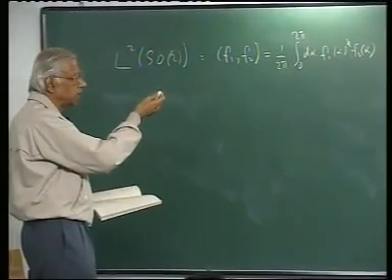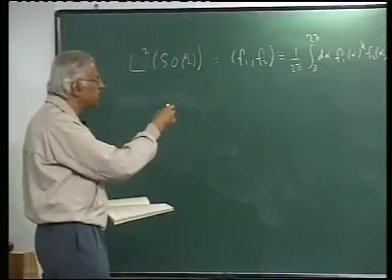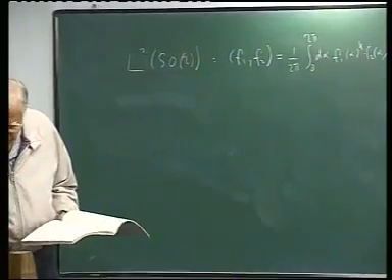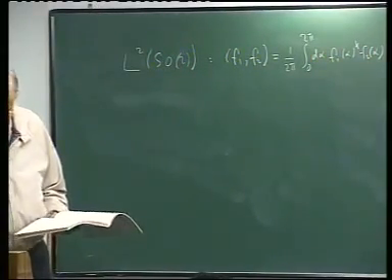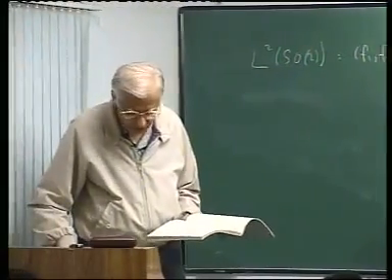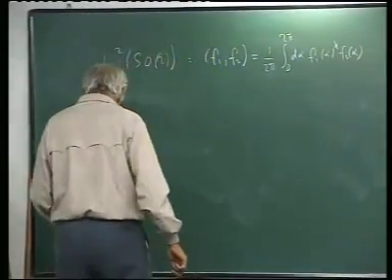If you replace the group element alpha by 2 pi minus alpha, which means the inverse, then also it doesn't change. So this has all the invariance properties which we introduced when we discussed the finite group. Okay, so I just want to mention it.